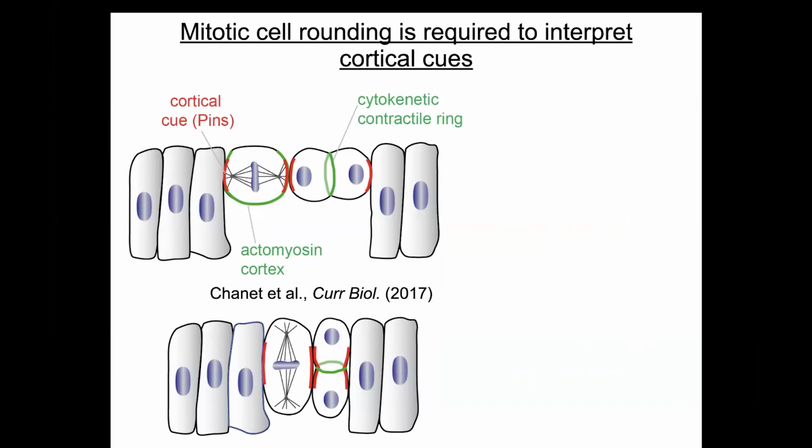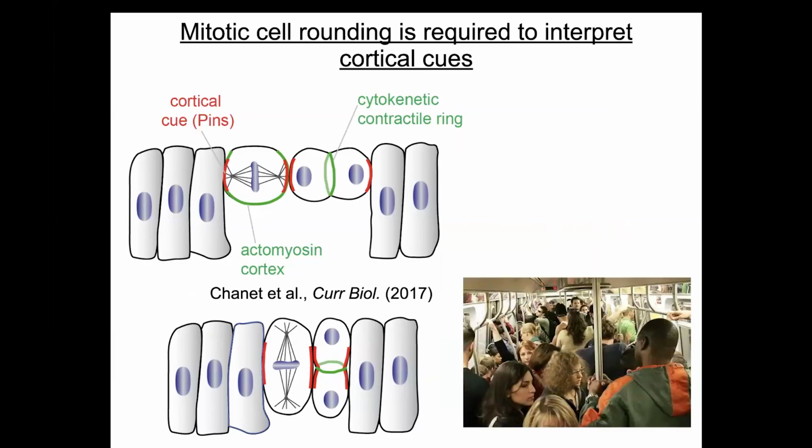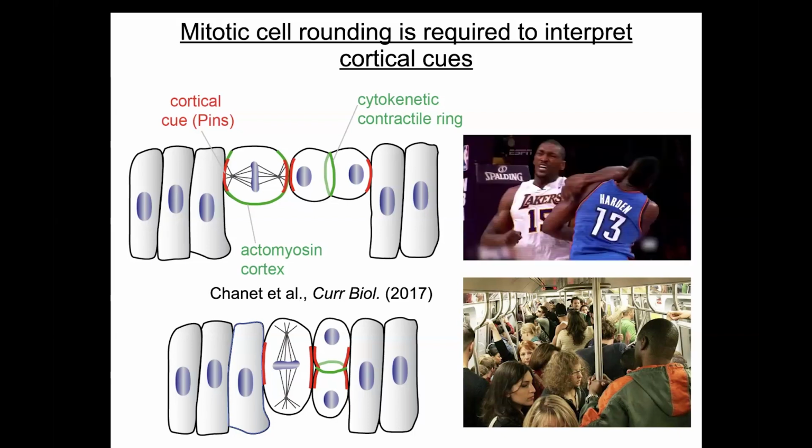And we think that's because of the crowding: if they don't have the energy to push their neighbors away, then they're not able to use that molecular cue to orient. So the mitotic rounding is a way for the cells to make some space for themselves, such that they can follow the molecular cue.